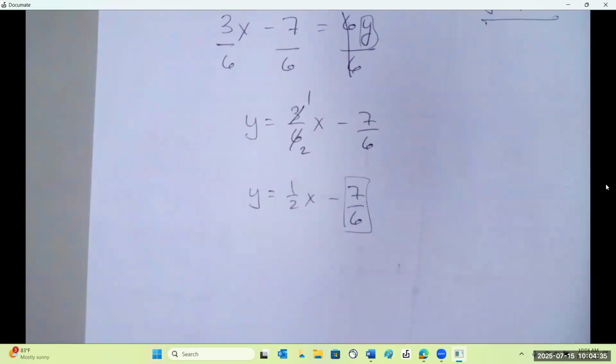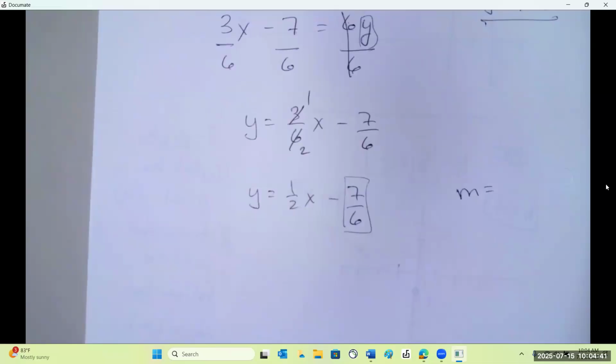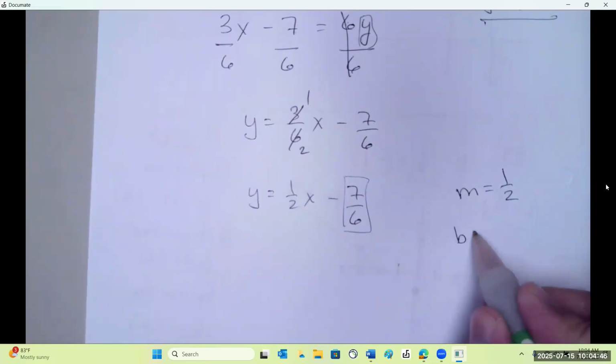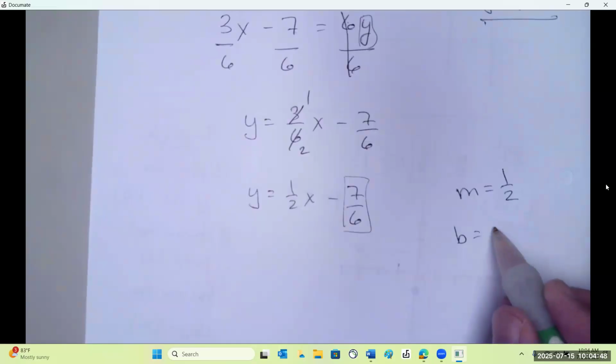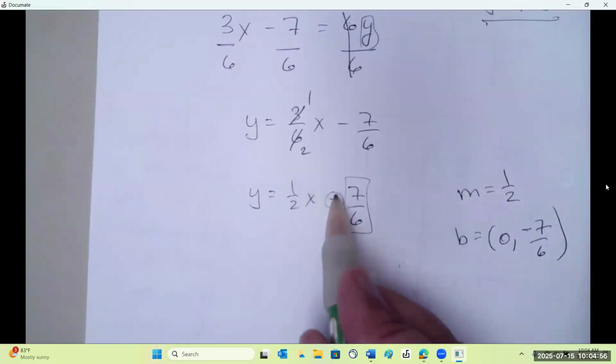Again, this one is not a fair one, because my slope is what? 1 over 2. What's my y-intercept? 0, negative 7 over 6. That negative goes with it.